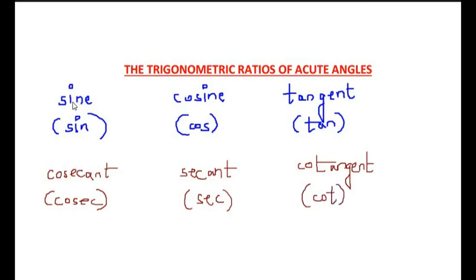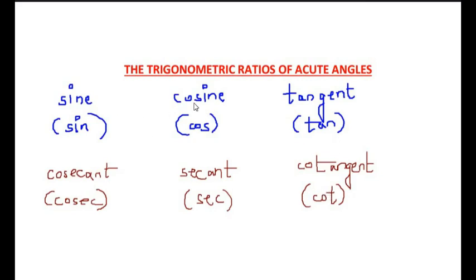So remember, if sine is given, its reciprocal is cosecant. If cosine is given, its reciprocal is sec, and if tan is given, its reciprocal is cot.